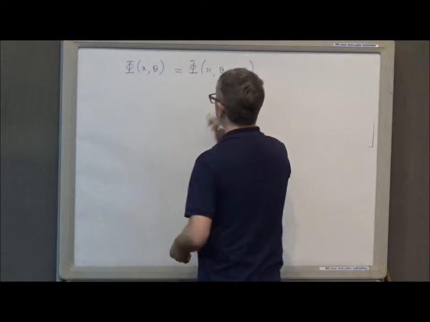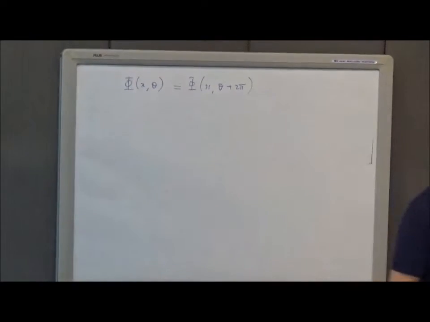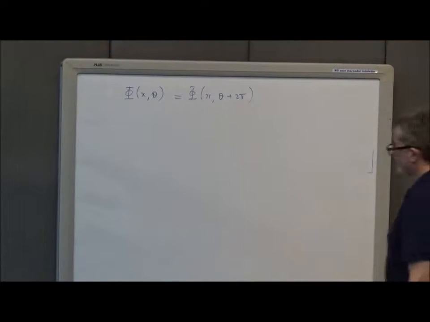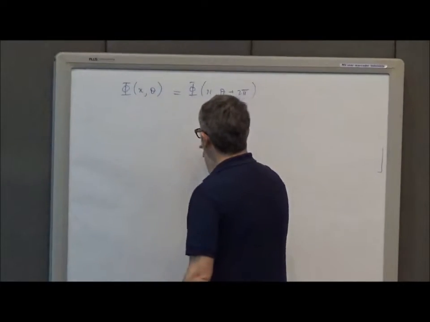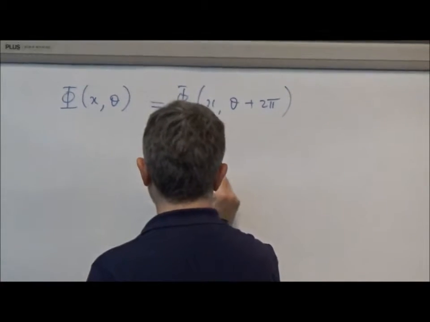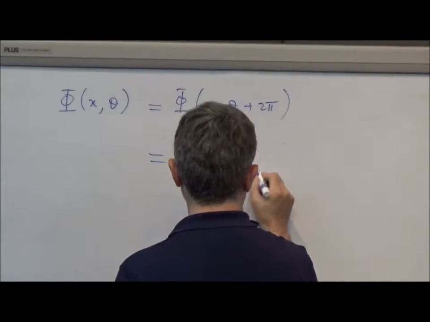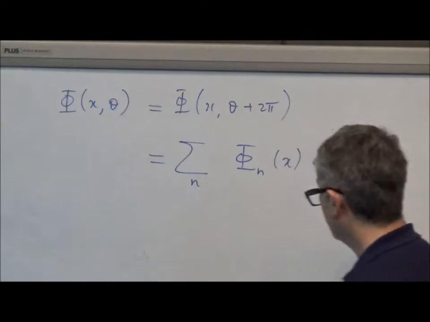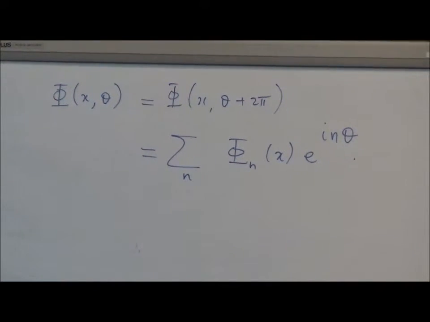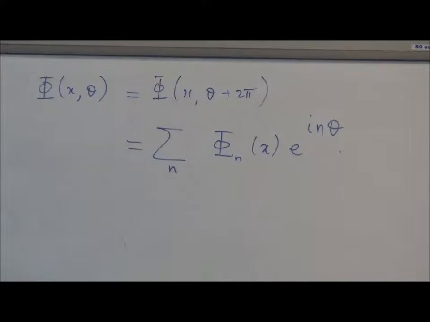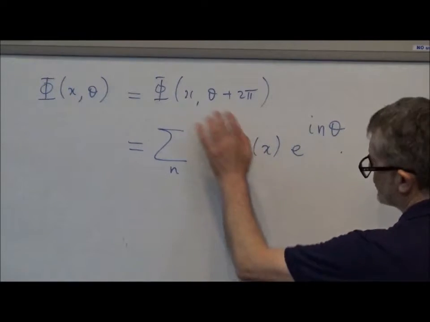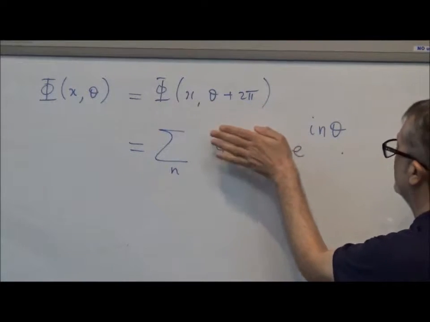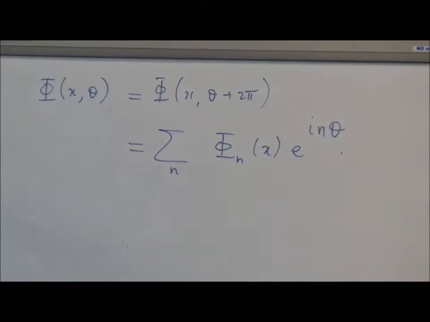Otherwise, there's something wrong. So it's an honest scalar. It's not something else. But any function of θ on S1 like this has a Fourier mode expansion. Voila. The coefficients of the Fourier mode expansion will depend on the coordinates, but basically it's exactly just standard Fourier mode expansion.